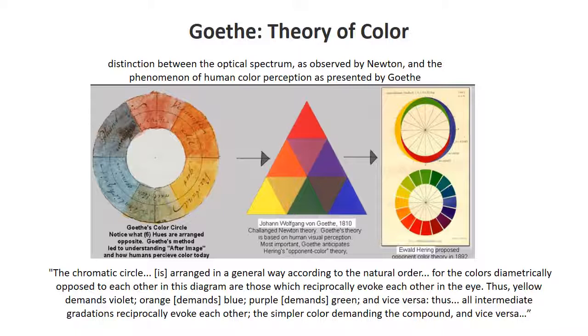This is somewhat different from what Newton discovered, which is still used today, that colors are associated based on RGB, which is red, green, and blue. That can again be displayed in a ternary diagram, which is actually done here. On the left side, we see Goethe's wheel of colors, where certain hues are arranged opposite of each other. That was based on his understanding of how humans perceive color.